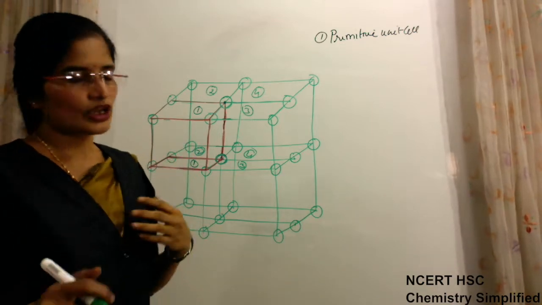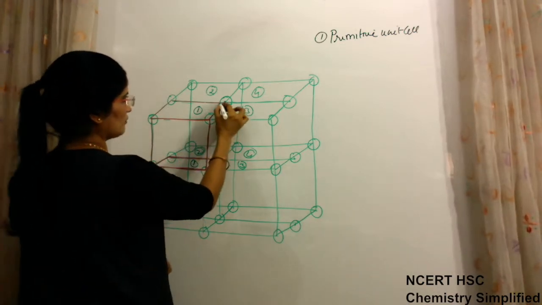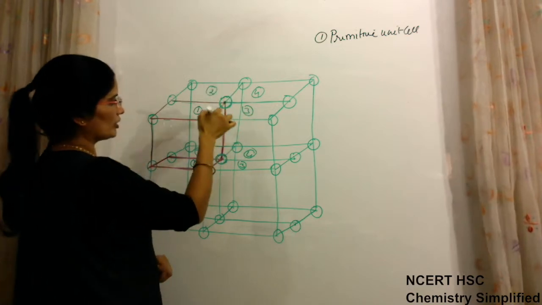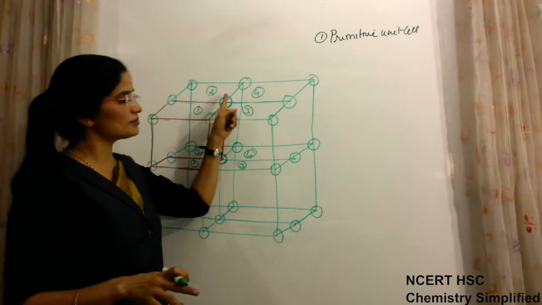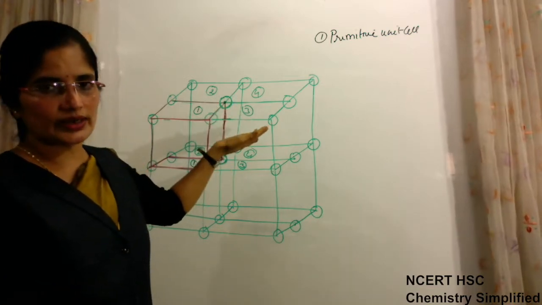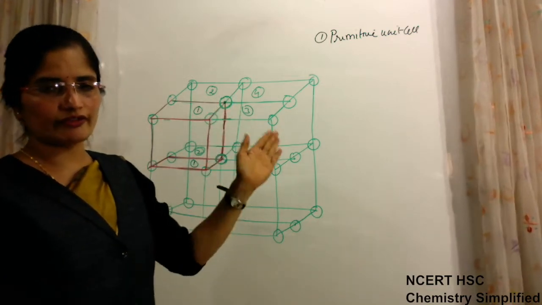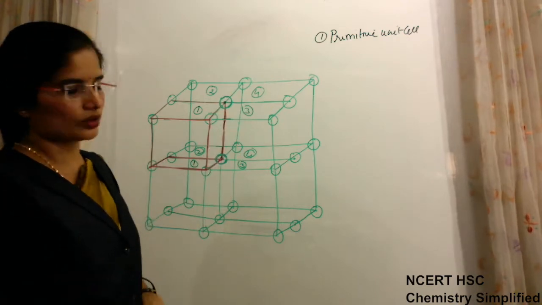Is this clear? So that means each particle which is placed on every corner of the unit cell is not part of only one unit cell, it is part of 8 unit cells, 4 in its own layer and 4 from the top layer or the bottom layer.